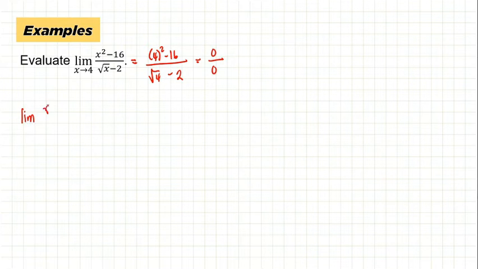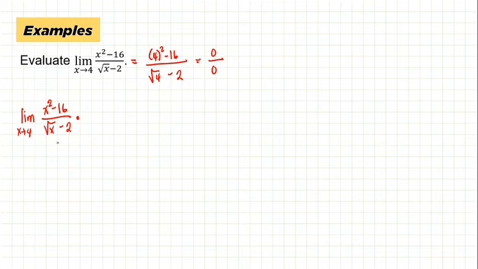So we have, copy muna natin, x squared minus 16 over square root of x minus 2 as x approaches 4. Now, how are we going to remove the radical sign? So in this case, ganito lang ang gagawin natin. You look for the rational conjugate of the given expression.